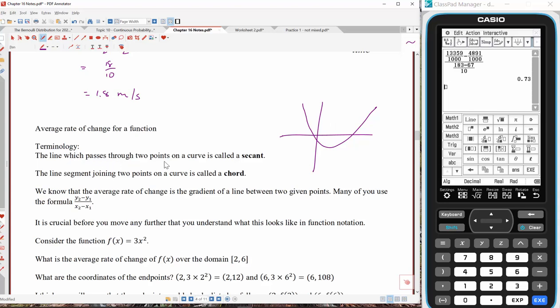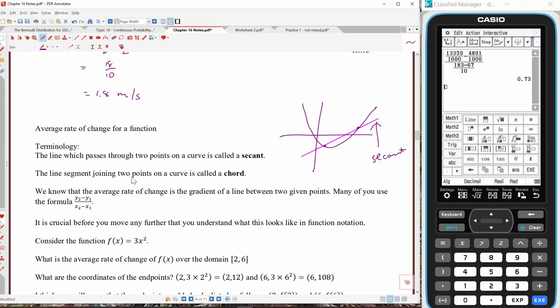Here's 2 points on the curve, and I want to draw a line that passes through them. So this line passing through the 2 points, that's called a secant.